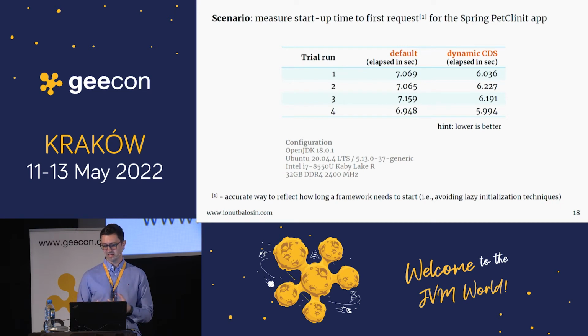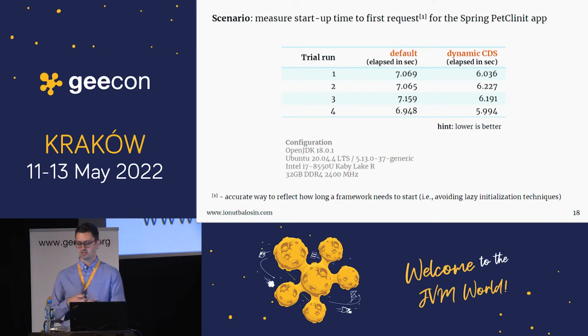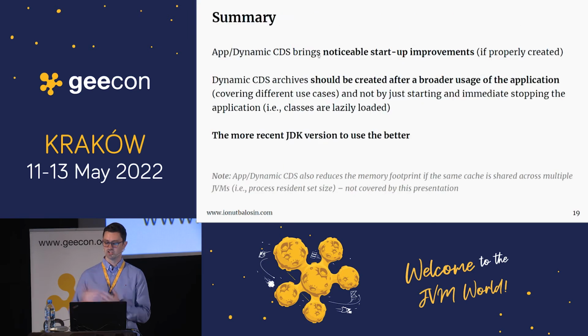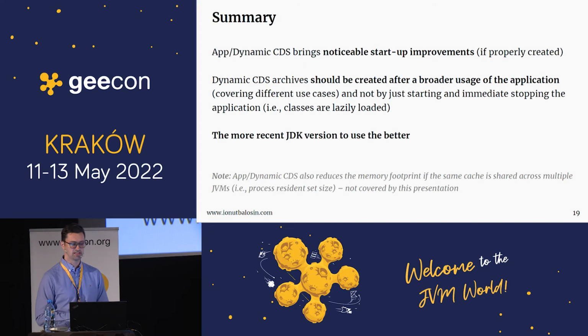For me, it was 1 second in this particular case. On average, it could be up to a 30% reduction. So 20, 30, I would say it's quite a lot, because you don't change the code at all. You just play with the JVM settings. This is the summary.